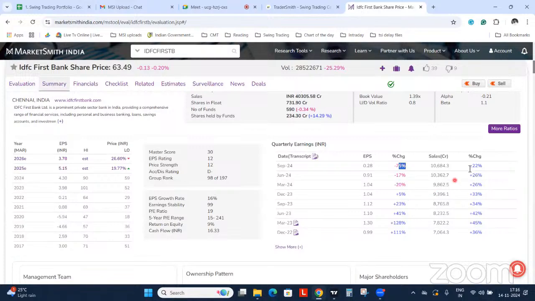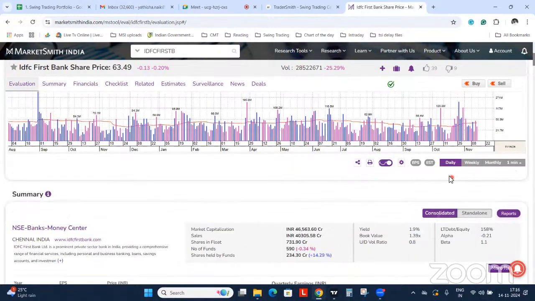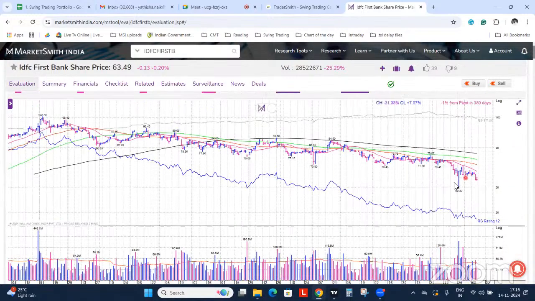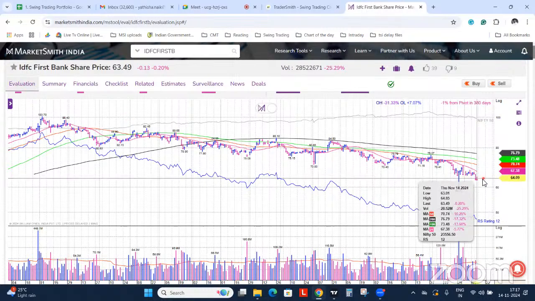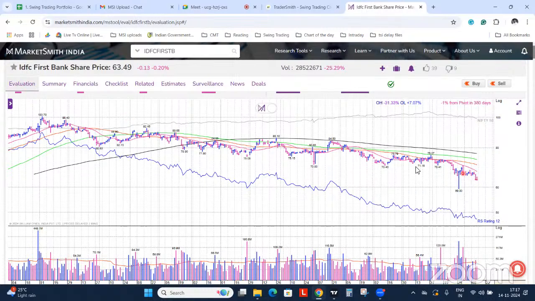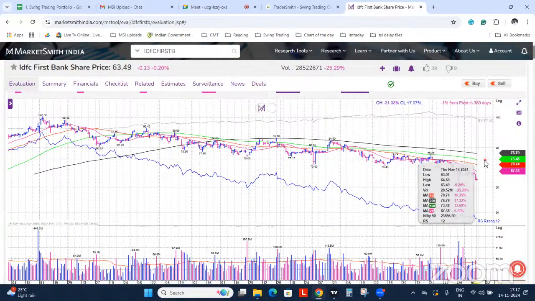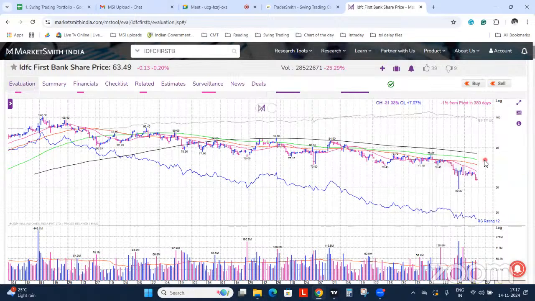Revenue growth has been decent, but stock performance is not good, and the stock has deteriorated from the levels of 100 rupees to almost 80, 75, 60 rupees kind of level. So it's better to avoid this particular stock right now. Until it trades above this 75, it's well and good for any trend change. Once it crosses and holds above that level, then only one can look for this particular stock, right?